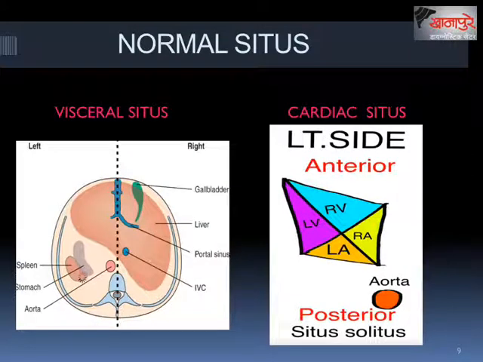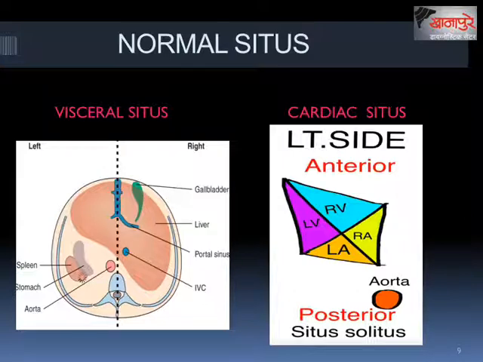In visceral situs, in a cross section of the upper abdomen, a vertical line divides the plane into right and left sides. Right-sided structures include gallbladder, portal vein, large part of liver, and inferior vena cava.